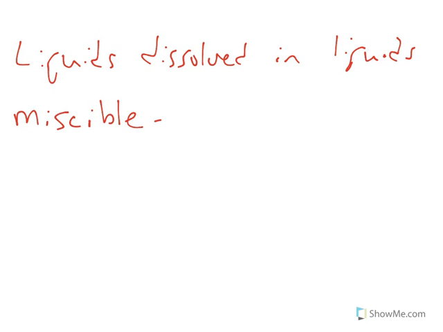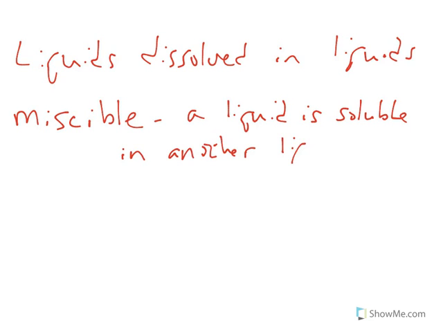And what this means is two liquids, a liquid is soluble in another liquid at any ratio. All right? So when we say something is miscible, that means you're not going to have a partition existing.